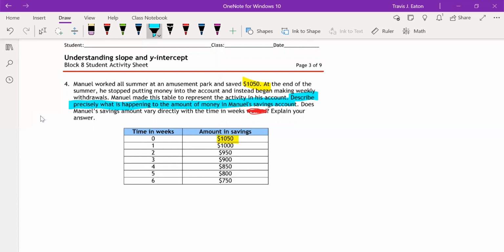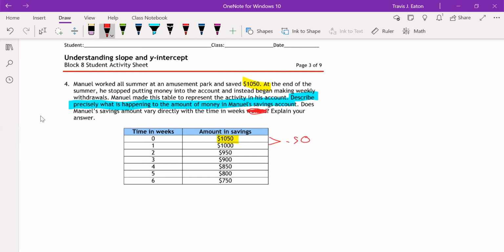Okay. So let's have a look, right? As we move from the start to week 1, how much did the amount of money in his savings change? It looks like it's dropping, right? And by how much? It looks like it's dropping by $50.